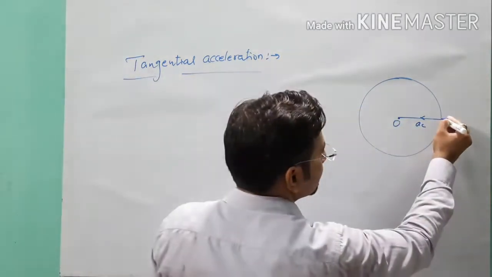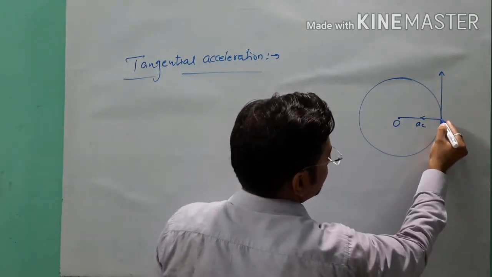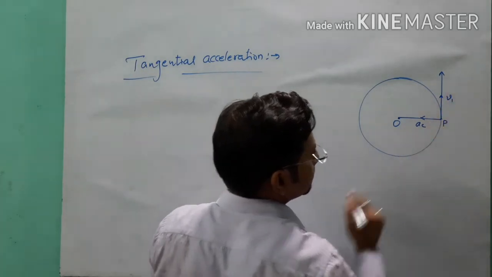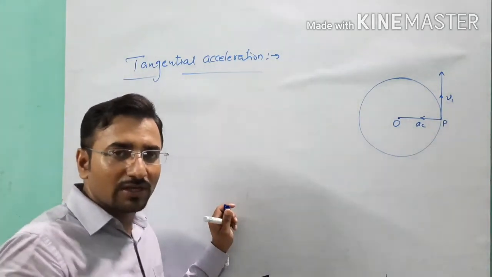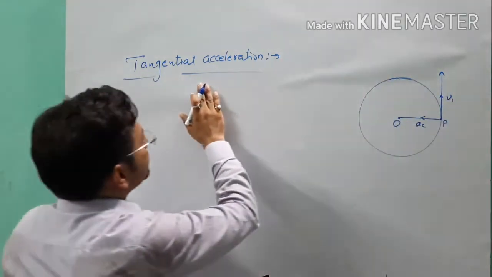And the second one is the acceleration along the tangent we have drawn at any point P, in which suppose the velocity of the object is v1, and now here we are talking about the tangential acceleration.